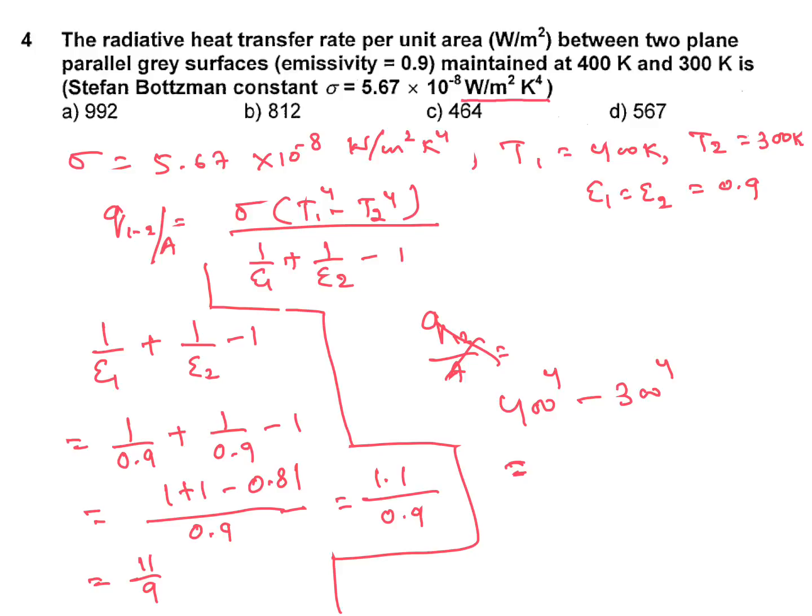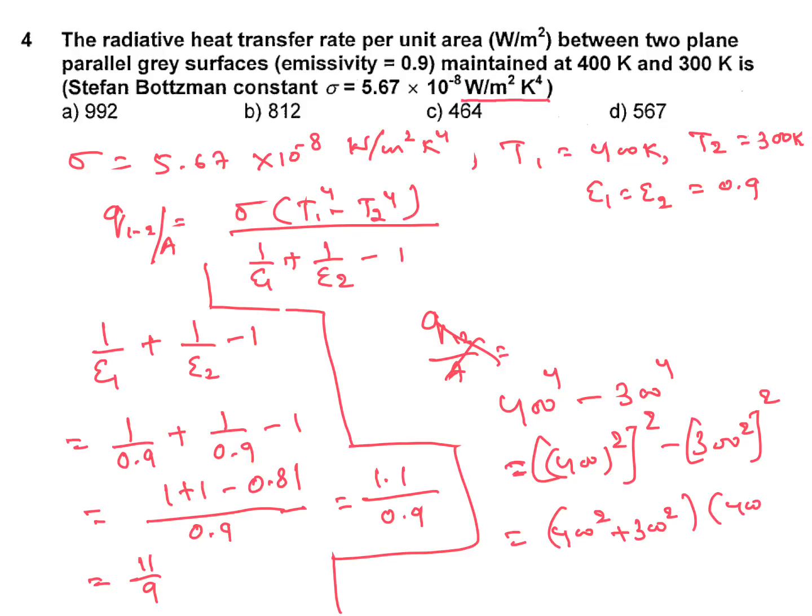Here we will use A square minus B square equals A plus B into A minus B. So 400 to the power 4 is 400 square whole square, minus 300 square whole square. It's 400 square plus 300 square into 400 square minus 300 square.